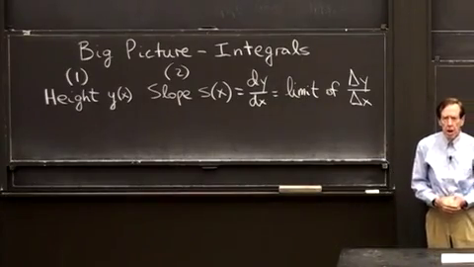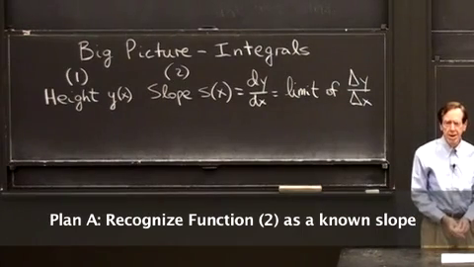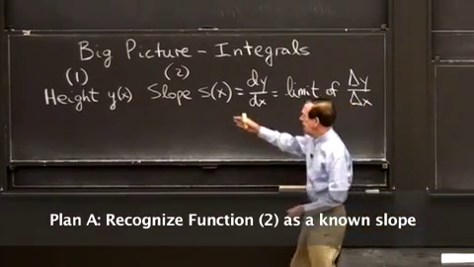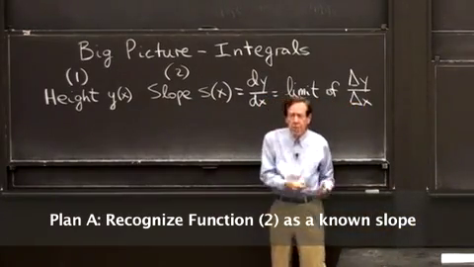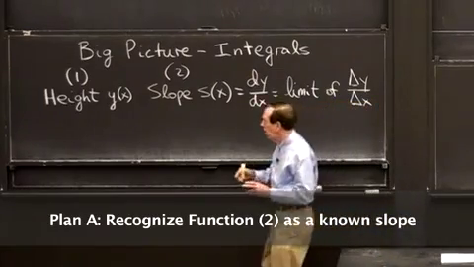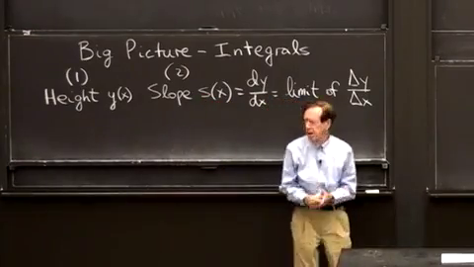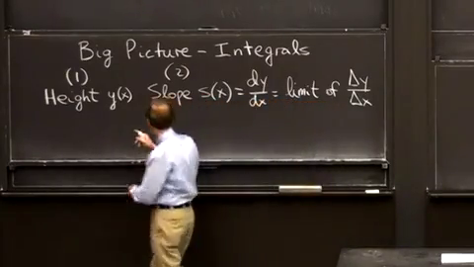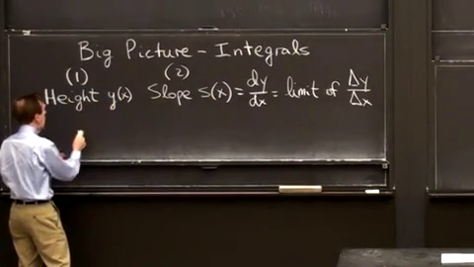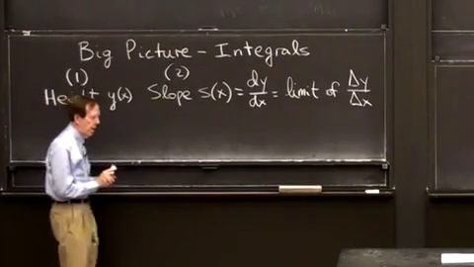Okay, let me say the easiest way to do it, when it works, is to recognize, if we're given a formula for the slope, maybe we know a height that goes with it. Let me take an example. The one most important case of a height is x to some power, x to the nth.